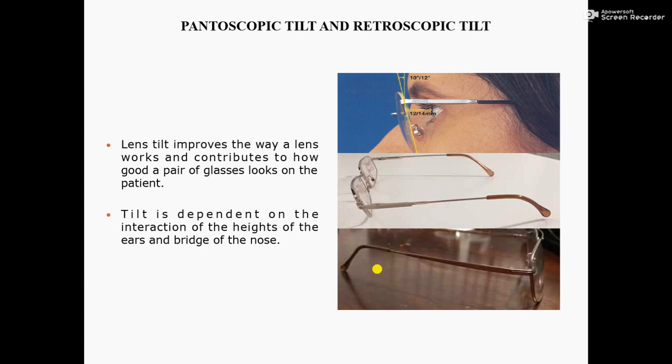Here, lens tilt helps in providing proper position, which makes the look better. And how much to tilt the lens depends on the height of the ears and bridge of the nose.